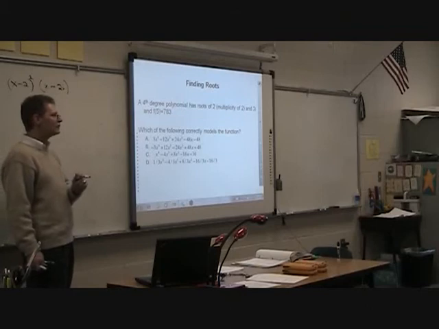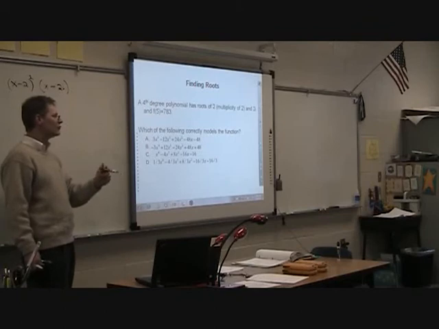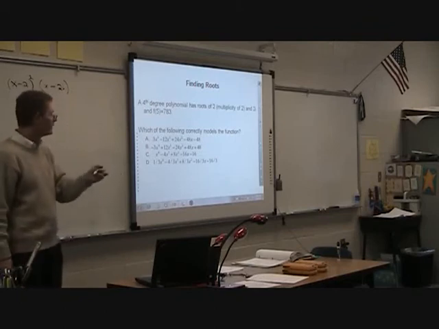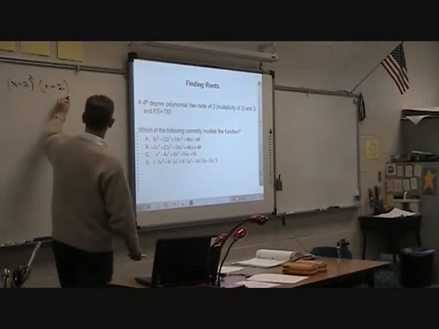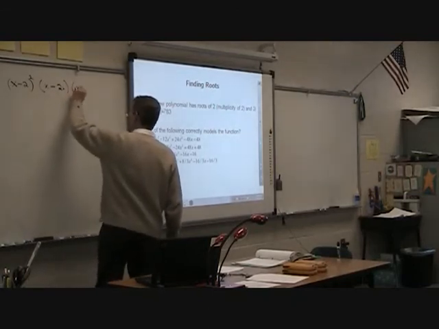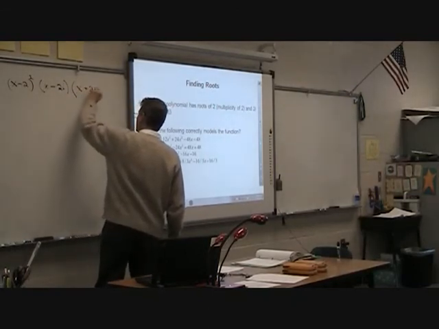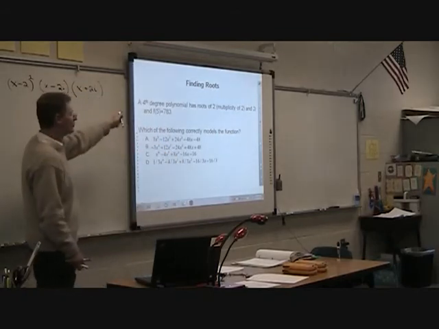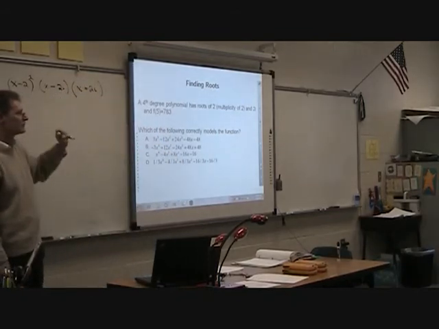That's right. Complex solutions always come in pairs. You can't ever get one without the other. You're always going to have a plus and a minus. So because I know I've got an x minus 2i, that means I've also got an x plus 2i. And that is all the information that I need to build that polynomial equation.